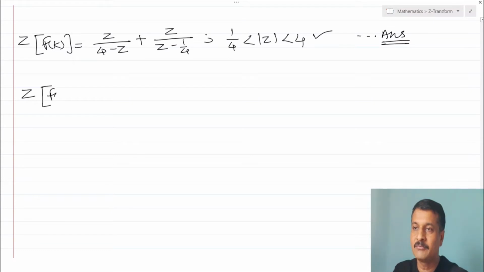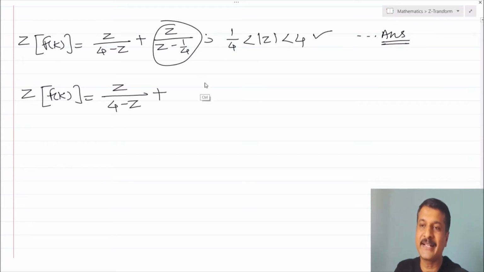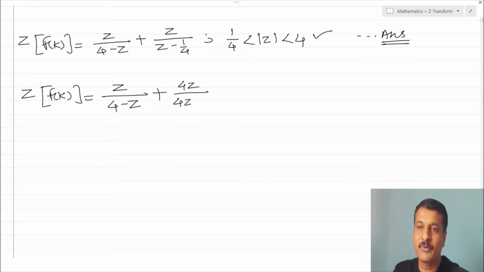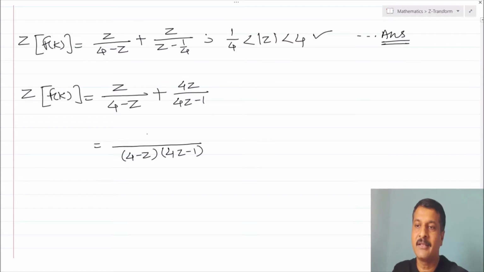So how? Z transform of f of k is z upon 4 minus z plus, here multiply numerator and denominator by 4, so I am getting 4z upon 4z minus 1. For simplification, the LCM is 4 minus z into 4z minus 1, and in the numerator z into 4z minus 1 plus 4z into 4 minus z.